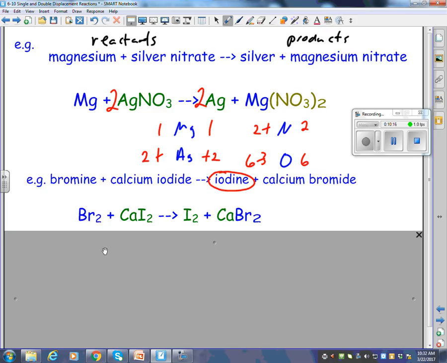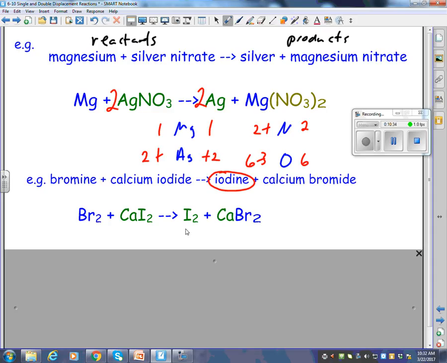So bromine is Br2. Calcium iodide is CaI2. How come? Because Ca is a +2, right? Ca is a +2. Iodine's -1, so that's CaI2. Iodine is one other diatomic gas, CaBr2. What's the deal with the color coding here? What have I done? See how the Ca and the I2 are green?